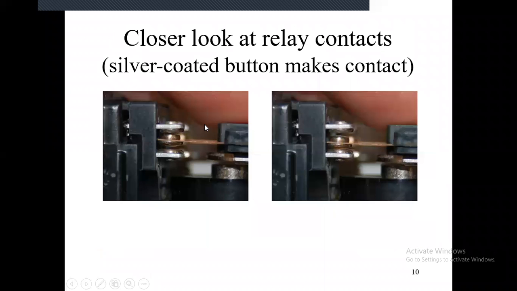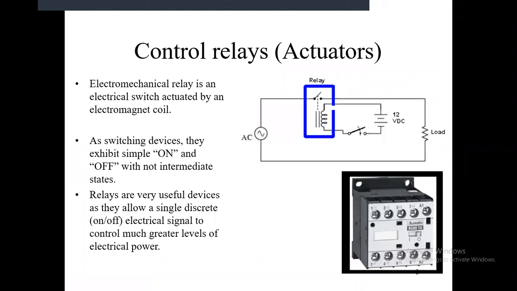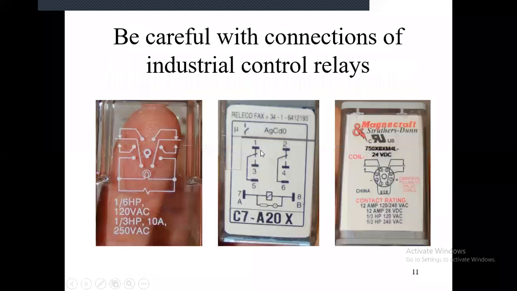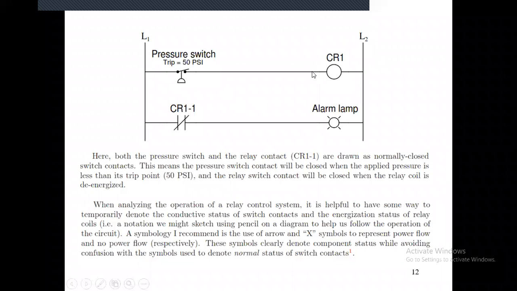For example, you can say this is CR1-1 and this second one maybe CR1-2. So there are two things with the relay, the energizing coil and the contacts that are made. This helps us to transform the logic from one to the other.